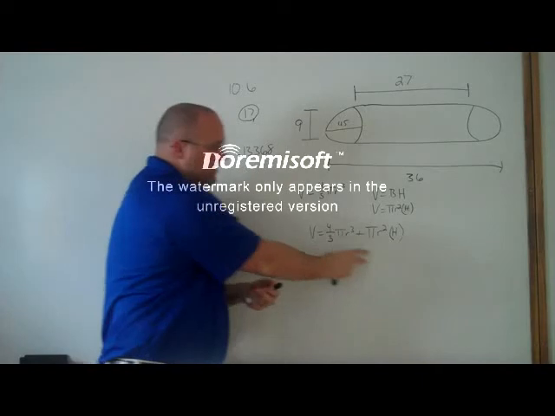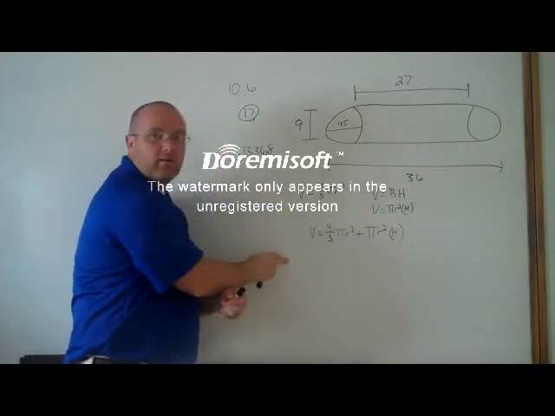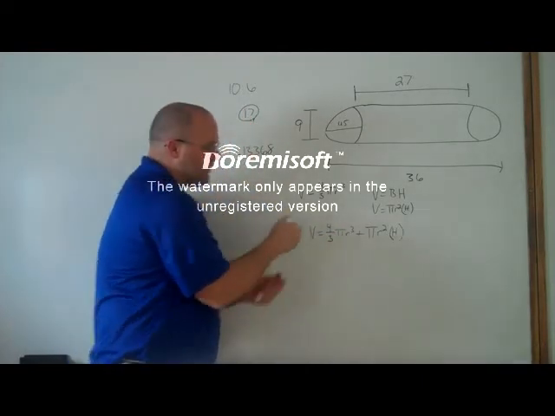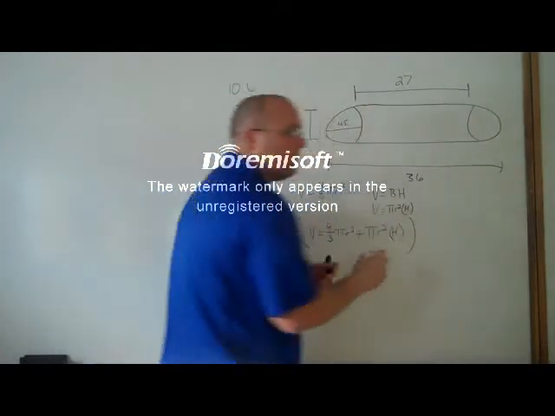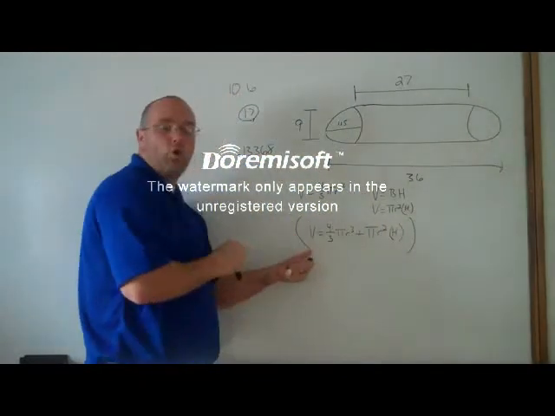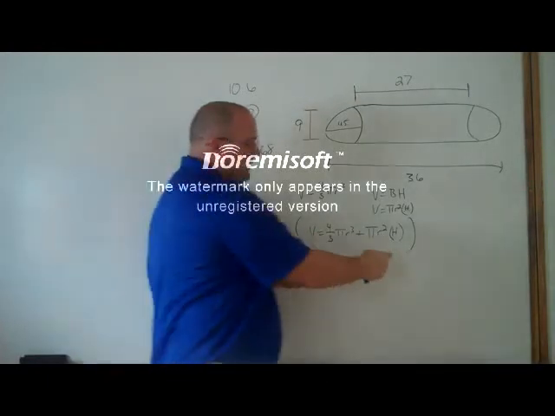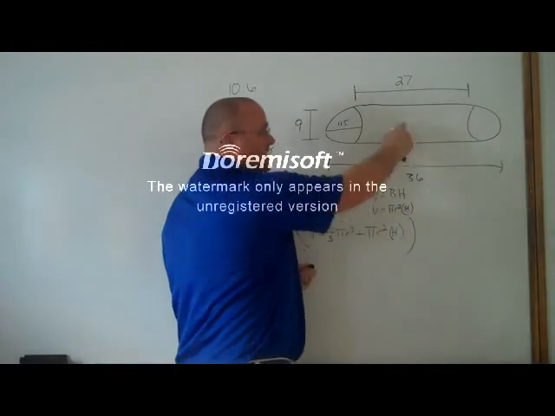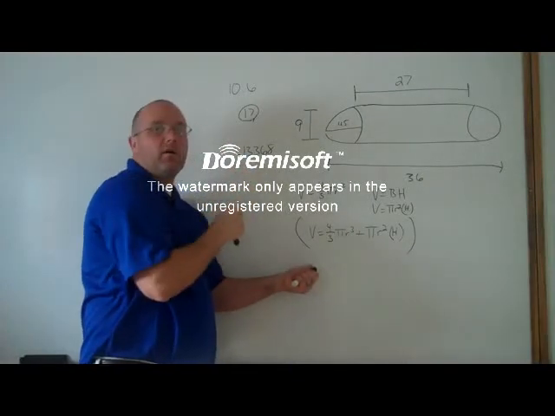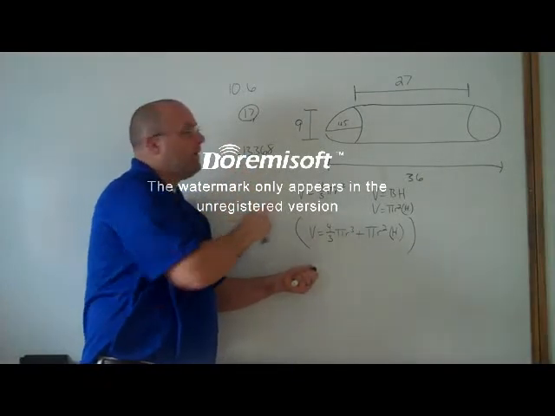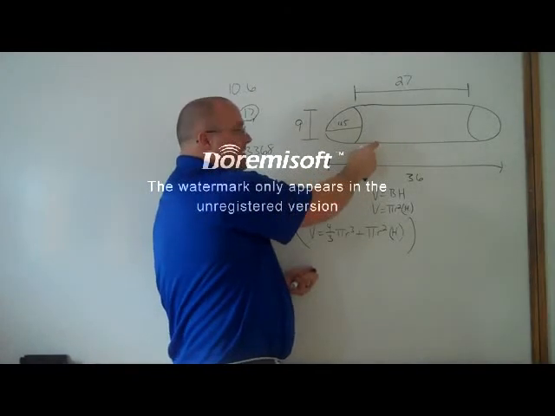So, once we do this whole piece right here, this is how many cubic feet are in this cylinder. So every 0.13368 cubic foot is a gallon going to be in this.